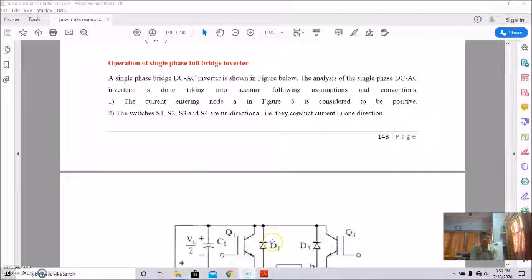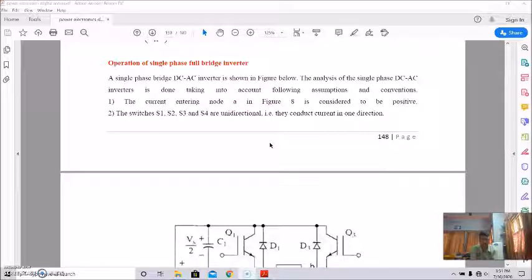In the last class of our power electronics and drives, we started a new topic, that is inverters, and we discussed the primary introduction of what an inverter is and the different types of inverters.